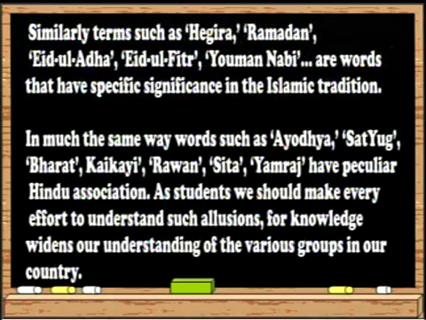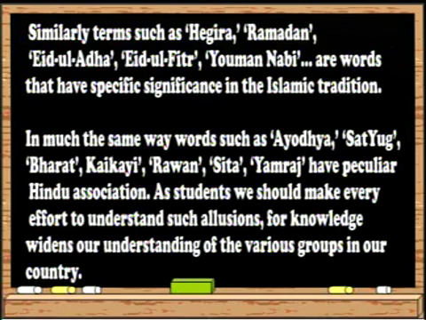Similarly, terms such as Hijra, Ramadan, Idul-Azha, Idul-Fitr, Yom Nabi are words that have specific significance in the Islamic tradition. In much the same way, words such as Ayodhya, Satyam, Bharat, Ravan, Sita, Yamraj have peculiar Hindu association.